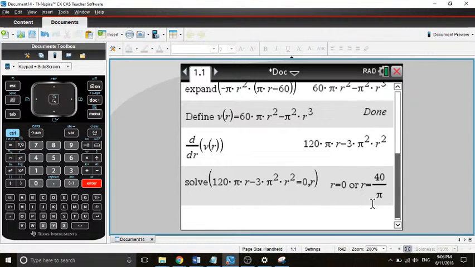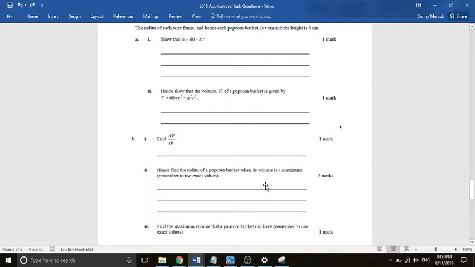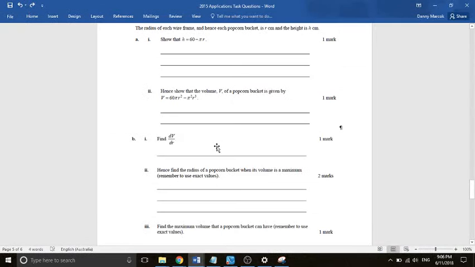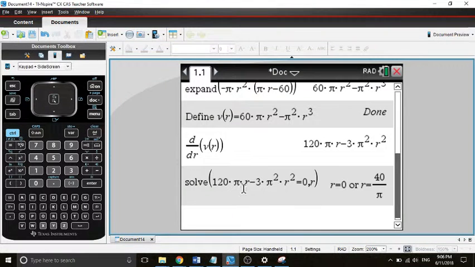It's got to be 40 on pi, because if we have a 0 radius, we're going to have a minimum. So you'd write dV/dr equals 0, therefore r equals these two values, and then you would choose 40 over pi.